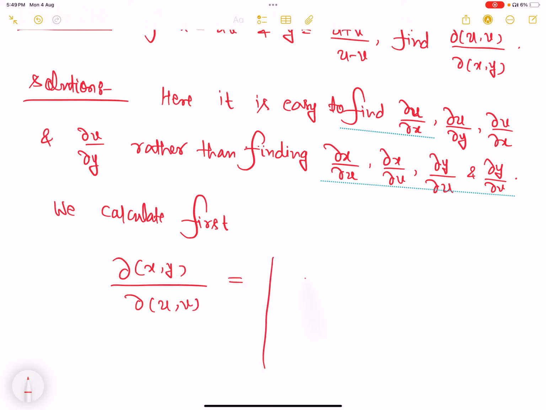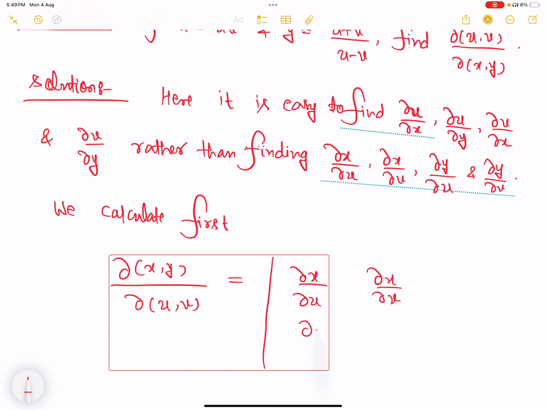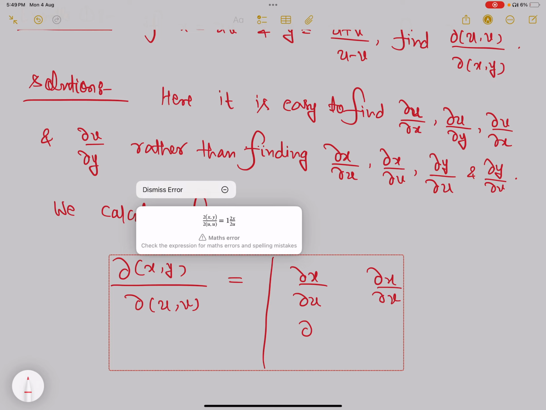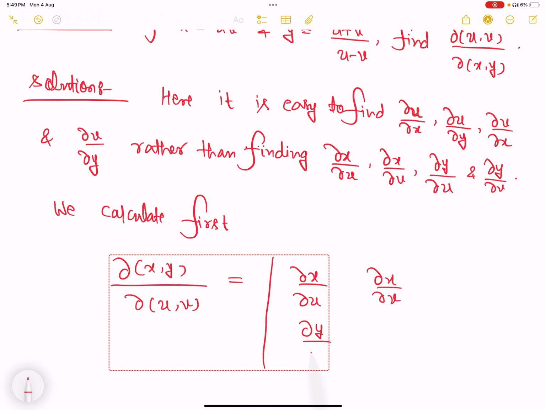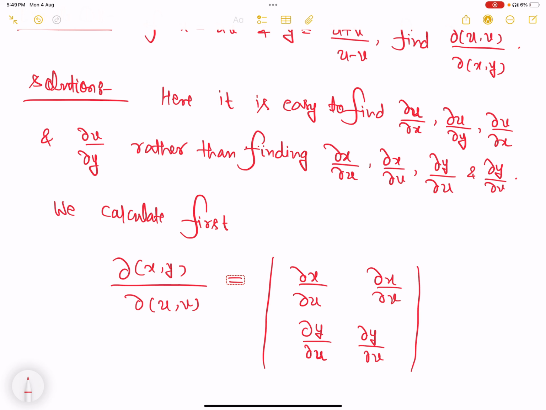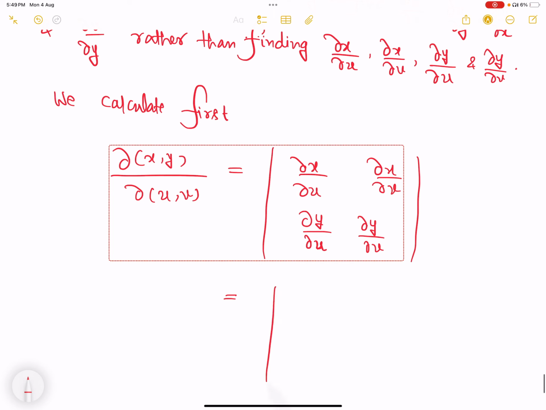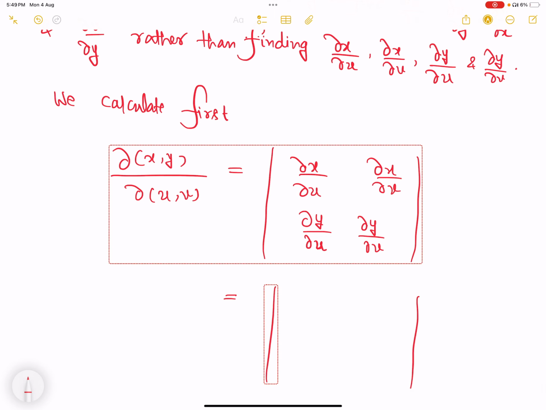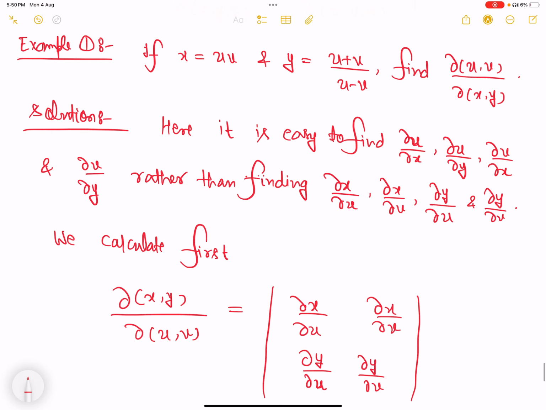That is equal to the determinant with rows del x upon del u, del x upon del v, and del y upon del u, del y upon del v. So what is del x upon del u? That is v. Del x upon del v? That is u. Now del y upon del u and del y upon del v, what will these be?